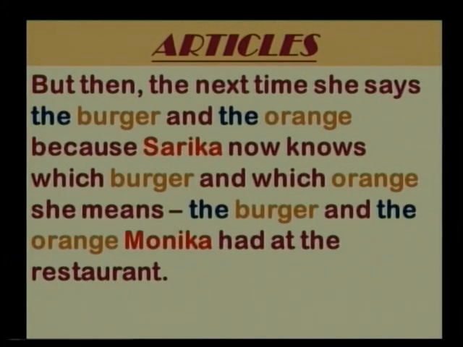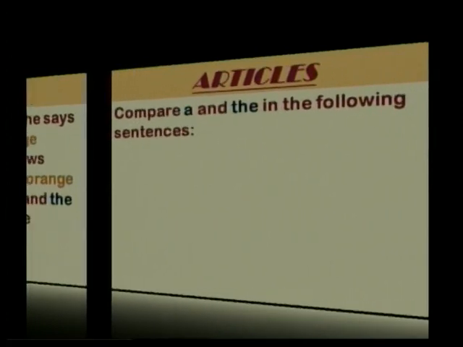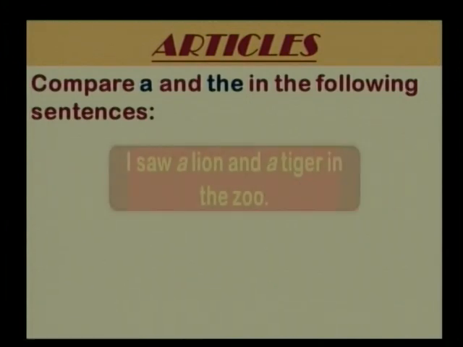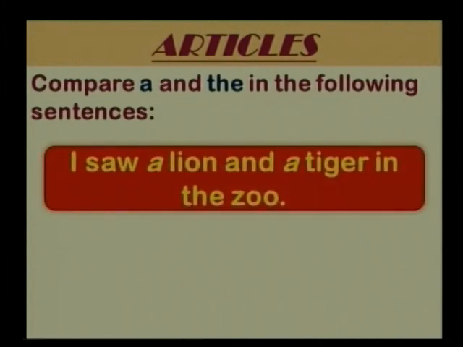All right, friends. Let's come to the next slide. Compare a and the in the following sentences. I saw a lion and a tiger in the zoo. You talk about the lion and the tiger for the very first time, so I saw a lion and a tiger in the zoo. Now look at the second sentence.